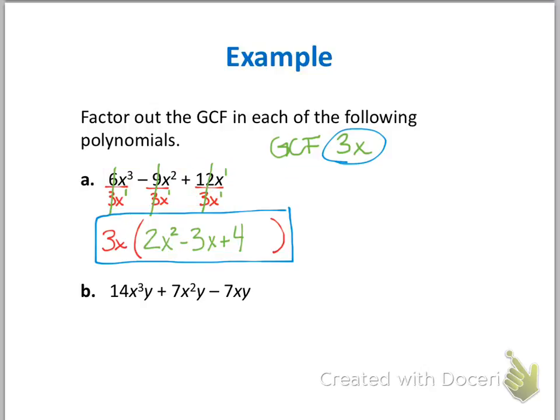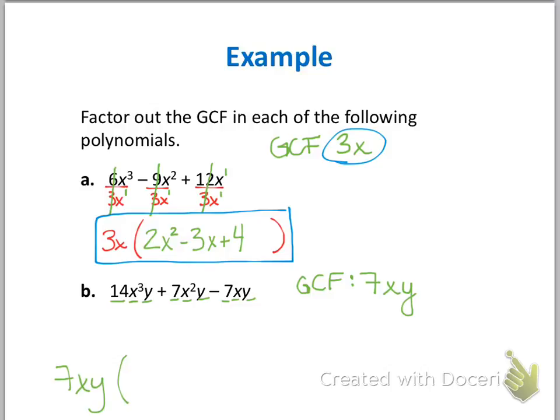All right, so why don't you guys try letter B on your own, and then we'll give it a try together. Okay, so the GCF of the numbers, 14, 7, and 7 is 7. Let's look at the x's. I've got an x, and the y's. I've got a y. All right, so that goes on the outside of the parentheses.